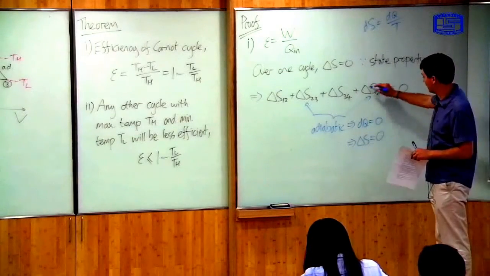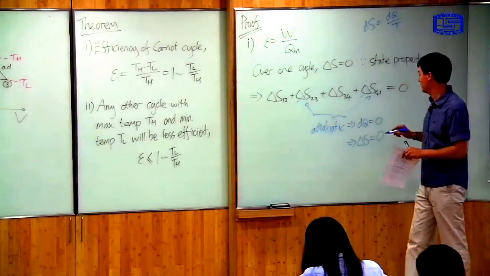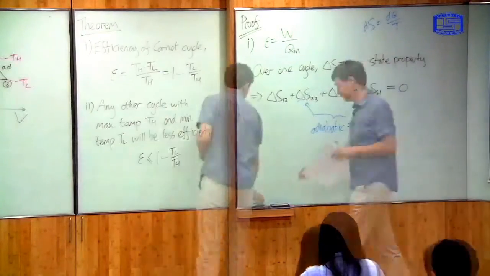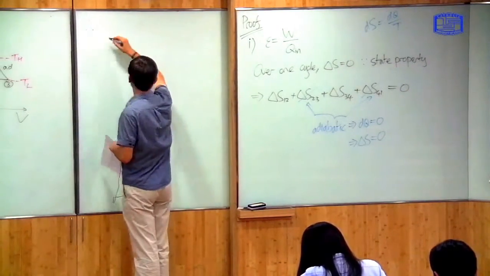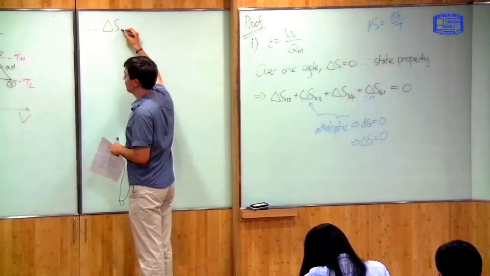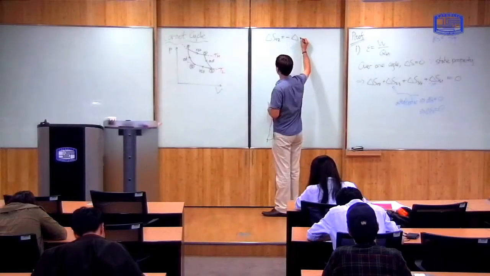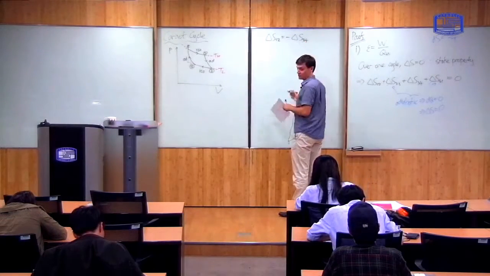Therefore we can cancel these 2 terms, they're 0. So we get the result that the change in entropy from 1 to 2 must be equal to minus the change in entropy from 3 to 4.